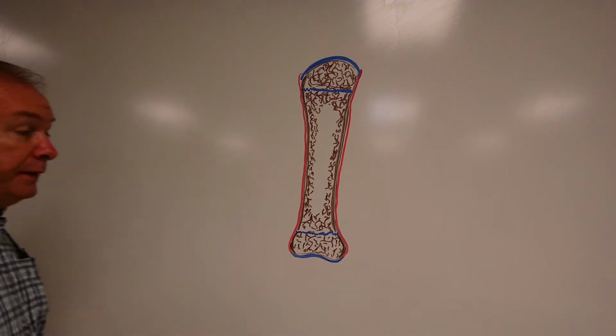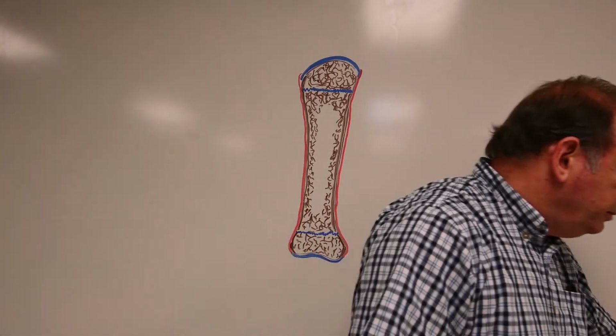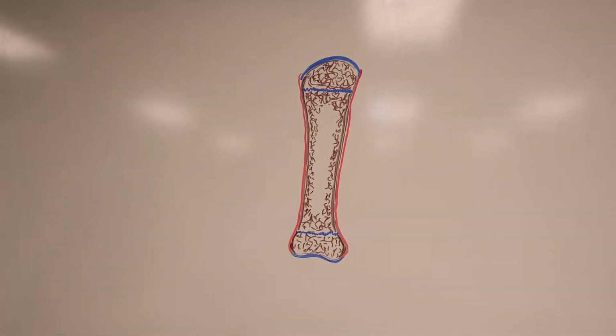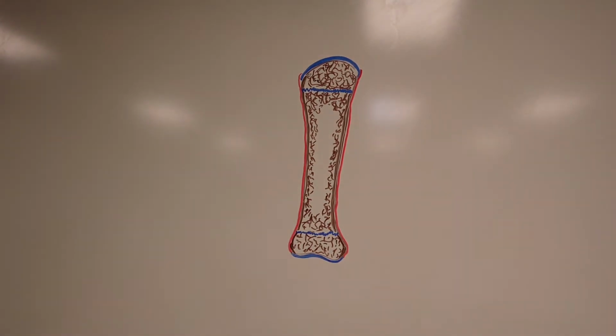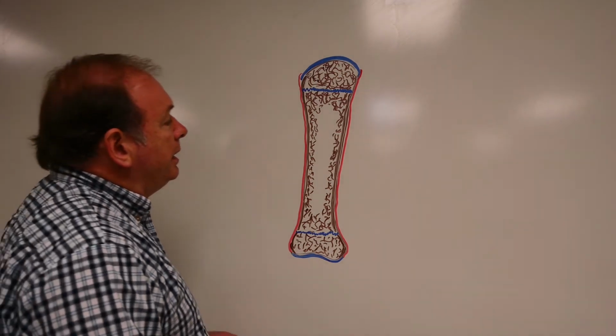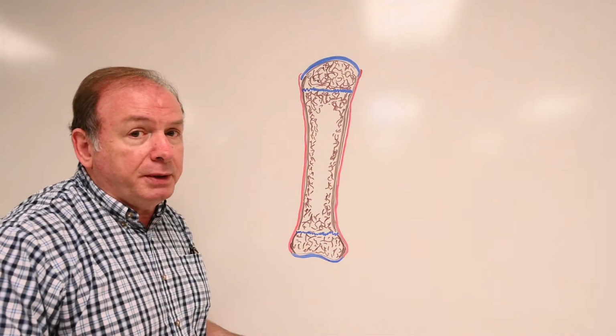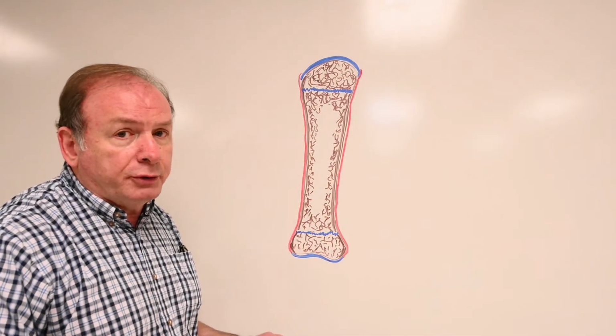Okay, now we're going to look at the anatomy of a long bone. The anatomy of a long bone, we've been over this a little bit when we talked about the development of endochondral bone.